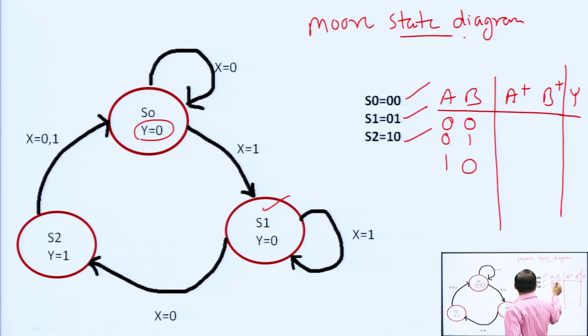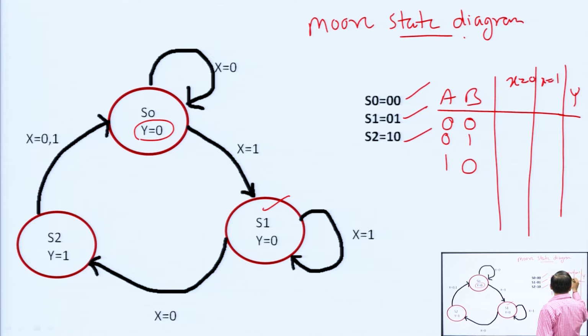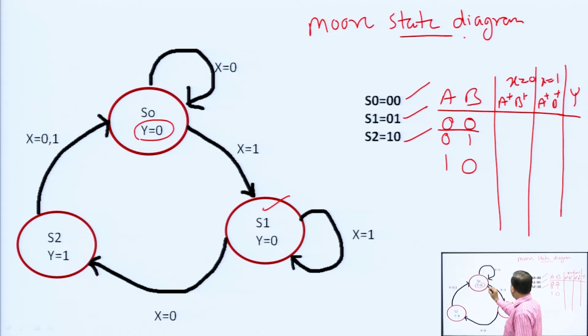From 00 there will be 2 things: we will have 2 rows, one for x equal to 0, one for x equal to 1. So, A plus B plus and A plus B plus. See, when in 00, S0, we give 0, it comes back to 00 only, right, and the output is 0, and if it is 1 it goes to 01.